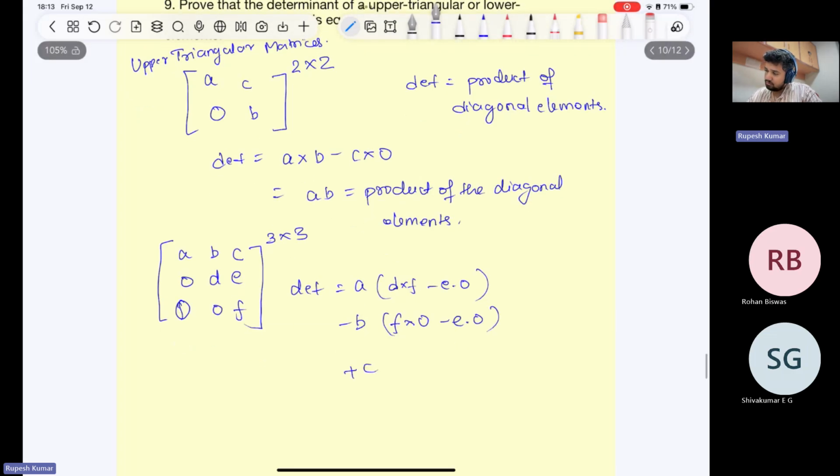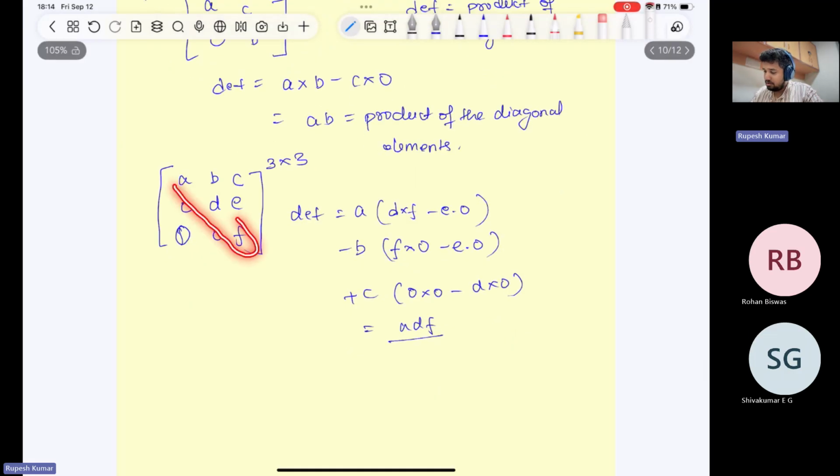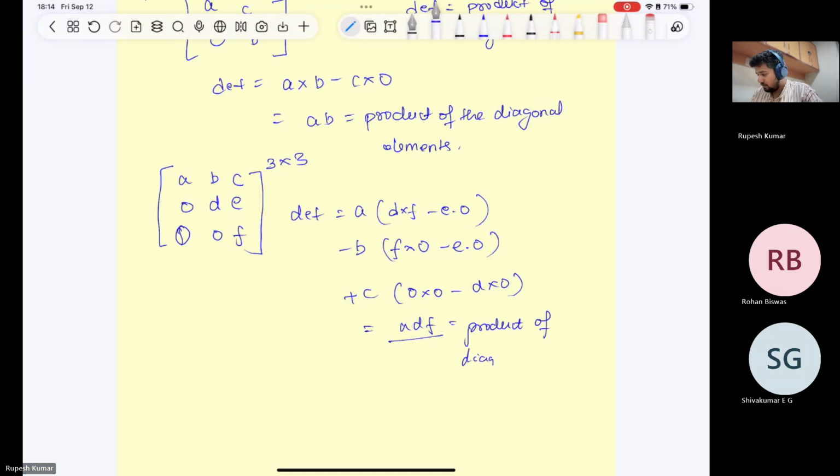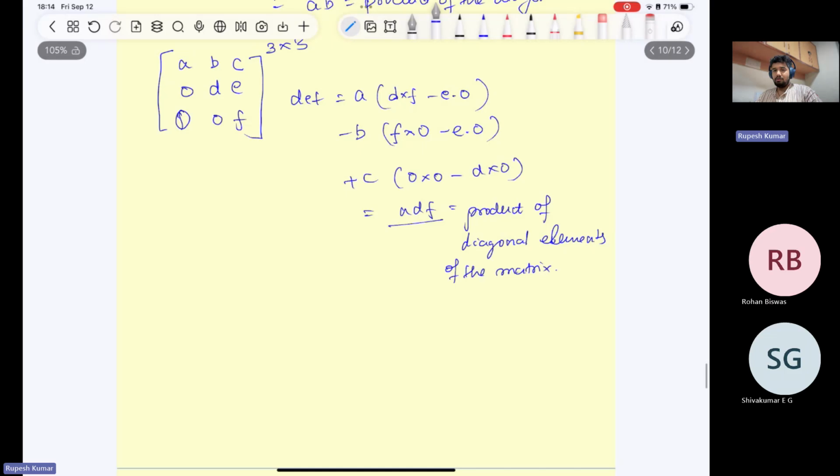Plus C into, so again you choose C here, and you take the determinant of this minor matrix, which is essentially C into 0 into 0 minus D into 0, which is equal to A into D into F. Again, A, D, F are diagonal elements, which is equal to the product of diagonal elements of the matrix.